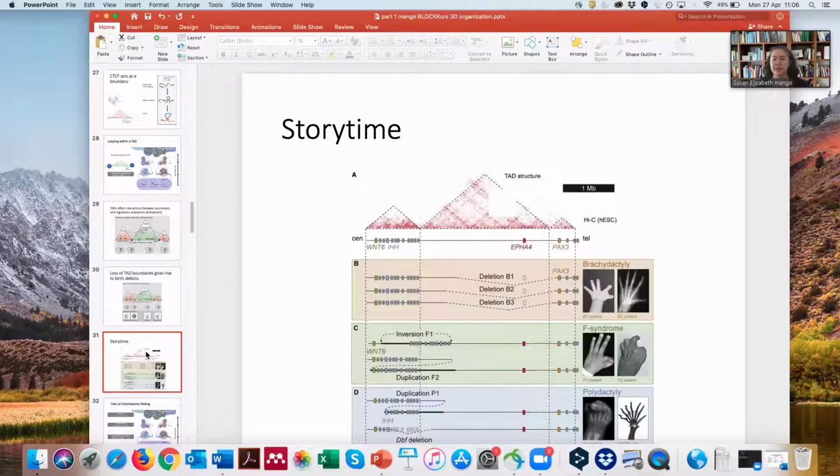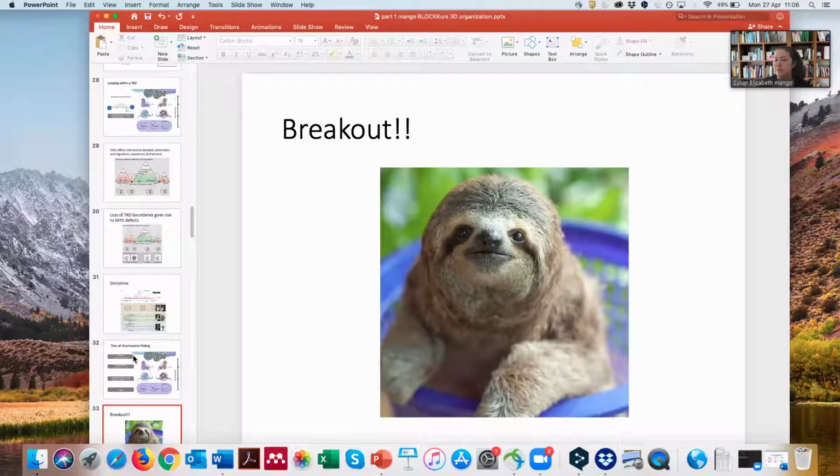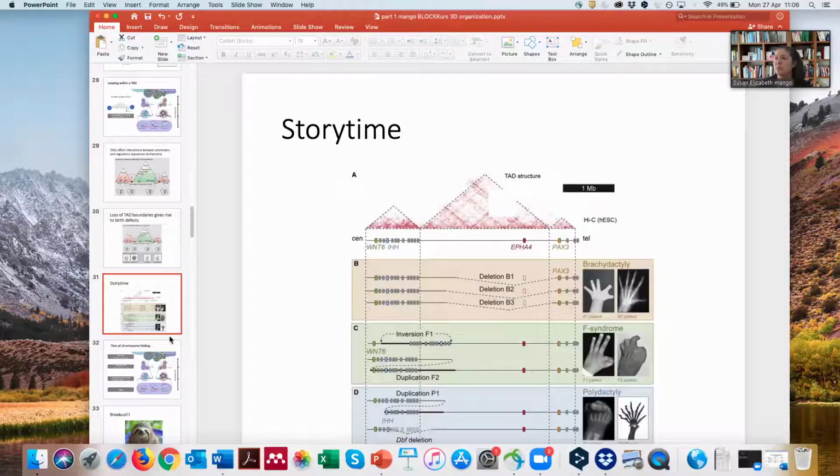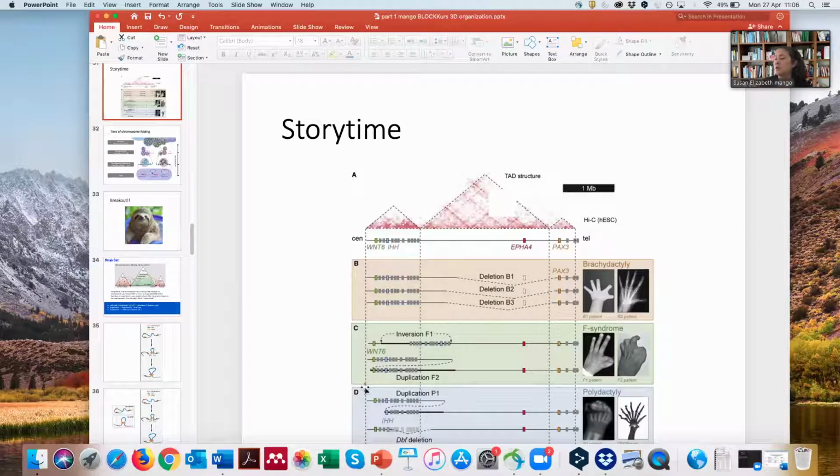And then here is the region where if we start to change the organization, we have the same sequences, but we're moving these TAD boundaries around, we start to get these malformed digits.